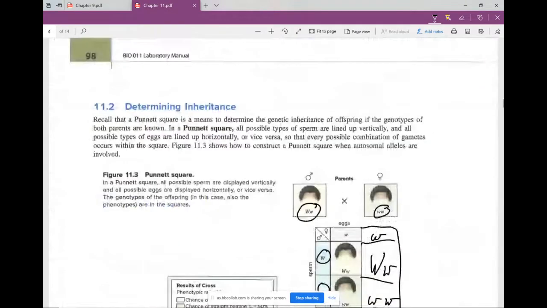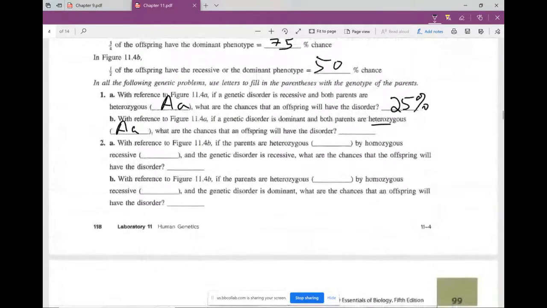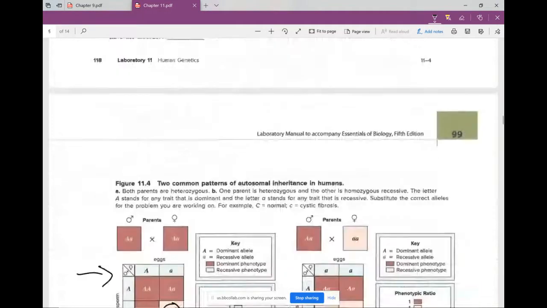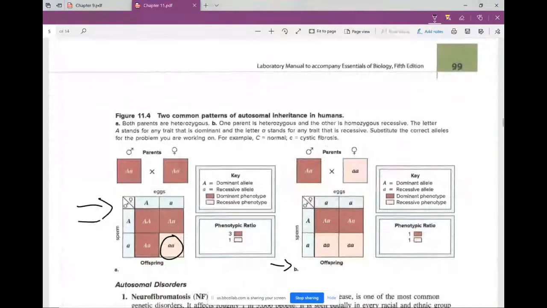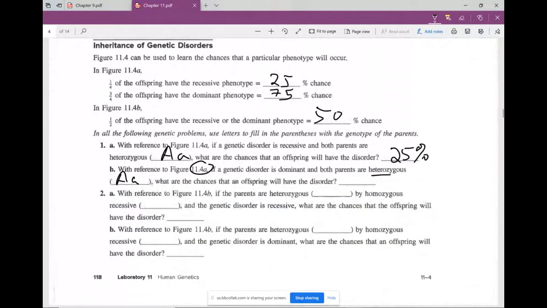And we see, sorry for moving it so much. Wait a minute, why are they saying 11.4b? Oh, 11.4a, I apologize. It's this one again. What are the chances, if it was dominant, that an offspring will have the disorder? Well, you have 75% chance, right?